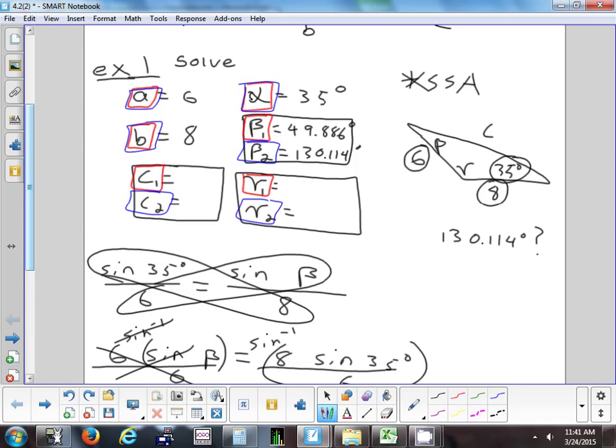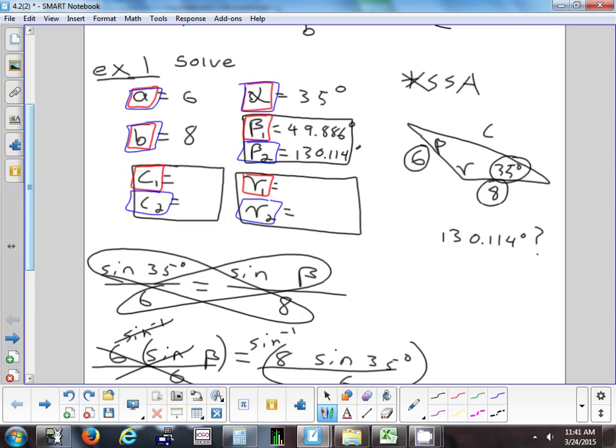Okay. Any questions so far on how we got beta 1 or beta 2 or how we figured out beta 2 works? Okay. Next we're going to find gamma 1 and gamma 2. We just have to use the idea that all the angles add up to 180.